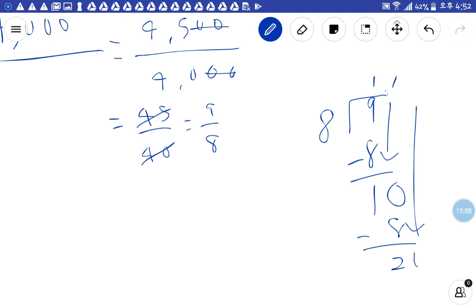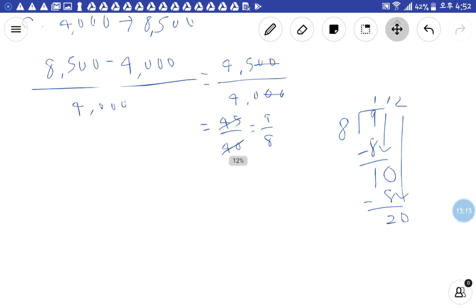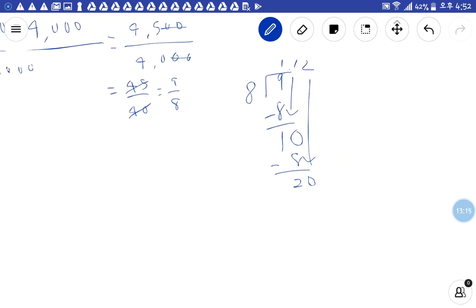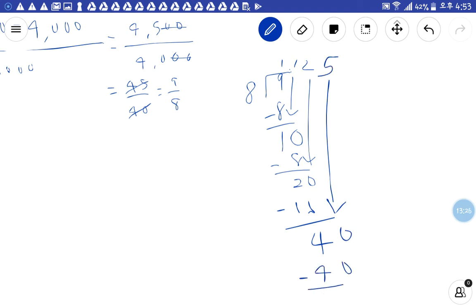How many 8 can go into 20? 2 times, and then I got 16. My remainder is 4. Bring 0 down. Divided by 5 then. It will be done. So my answer would be 1.125, but please change that into a percent. How can we do it? Move your decimal point to the right. 112.5%. That's my answer for C.